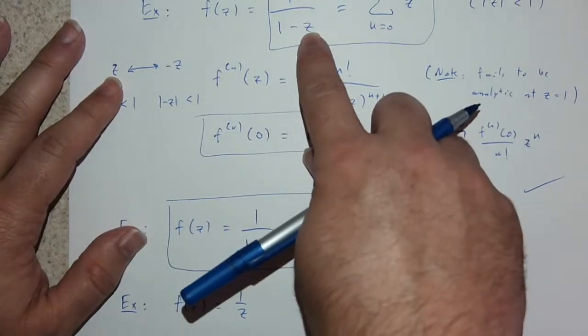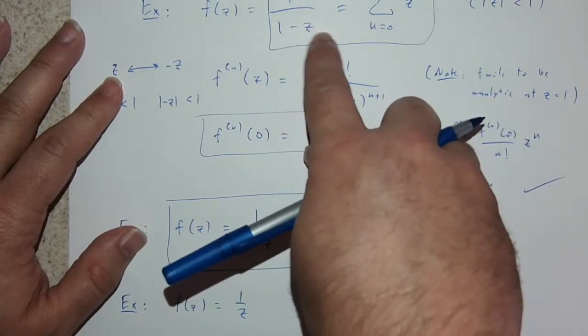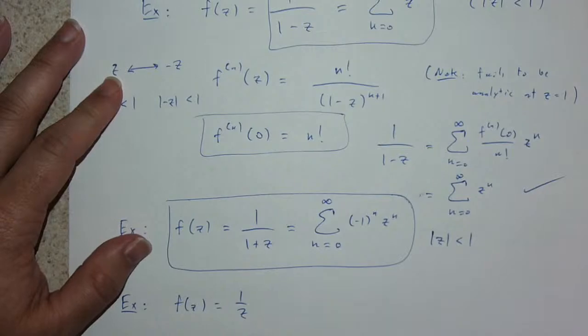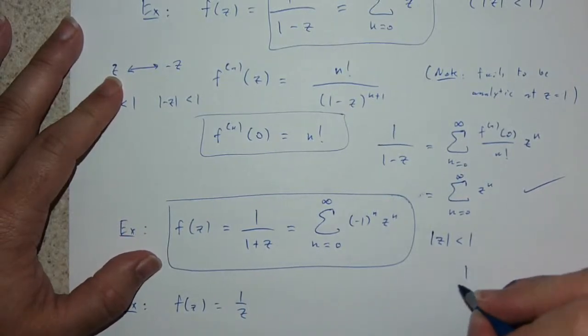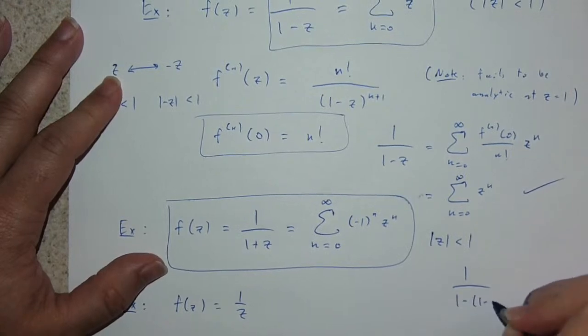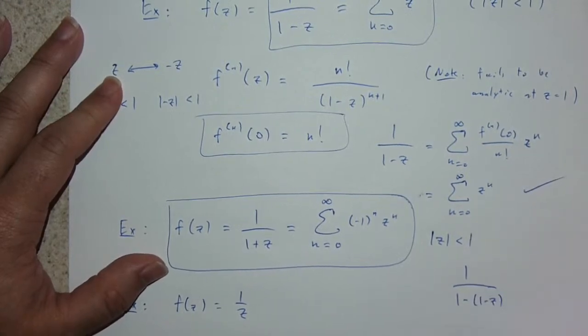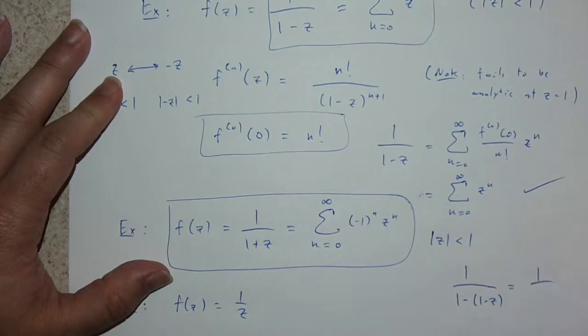So if I replace this z with 1 minus z, I have 1 minus 1 minus z, which is just z. So notice that 1 over 1 minus z is equal to 1 over 1 minus 1 minus z, so this is 1 over z.